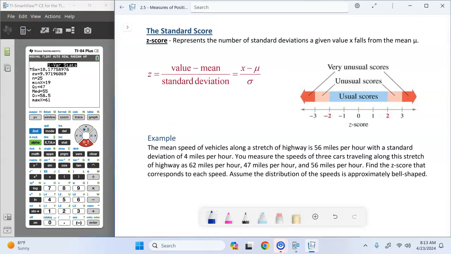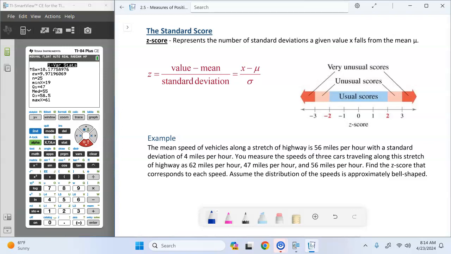Okay, last thing to wrap it up, the standard score, often called the Z-score. It represents the number of standard deviations a given value X falls from the mean. We talked about the empirical rule using our normally distributed data, and we could calculate the percent of data values that fall within 1, 2, or 3 standard deviations: 68% within 1 standard deviation, 95% within 2, and 99.7% within 3.